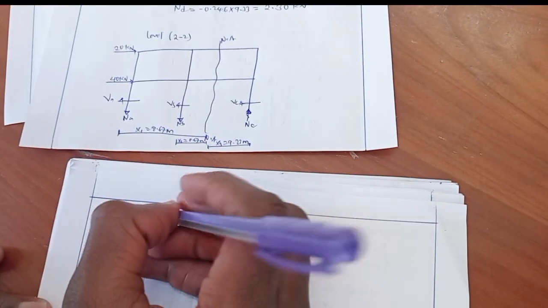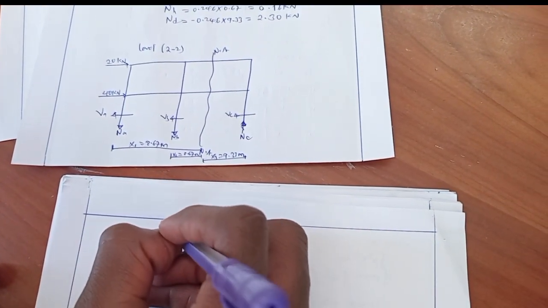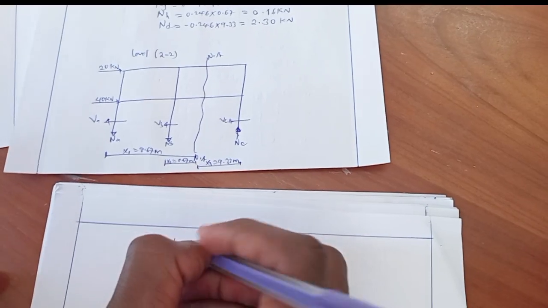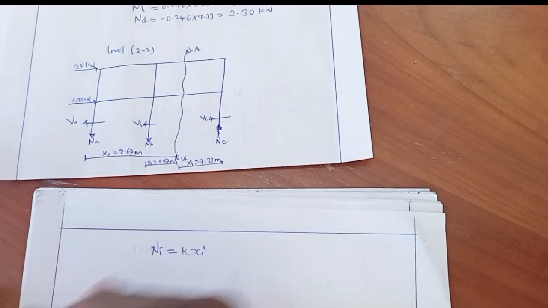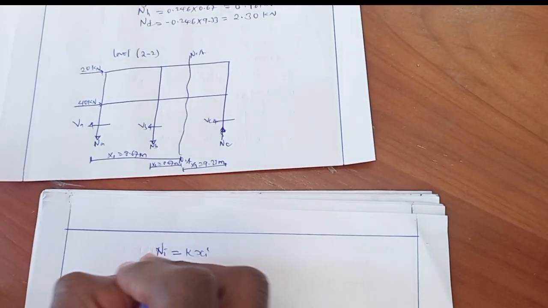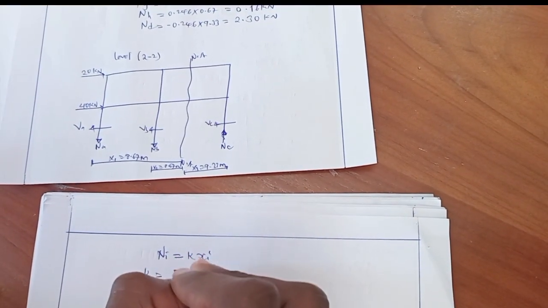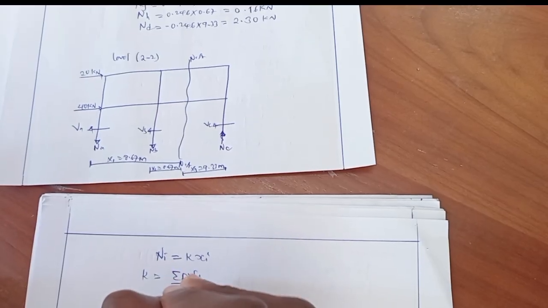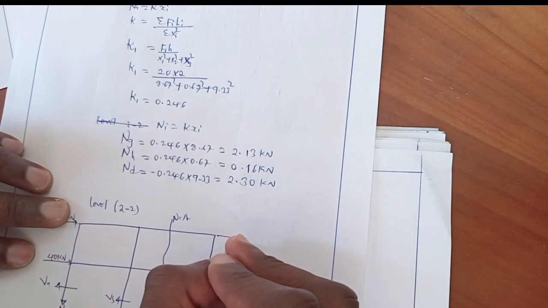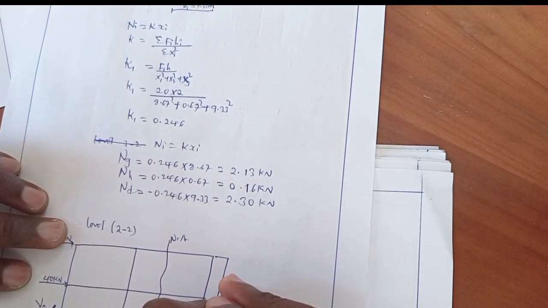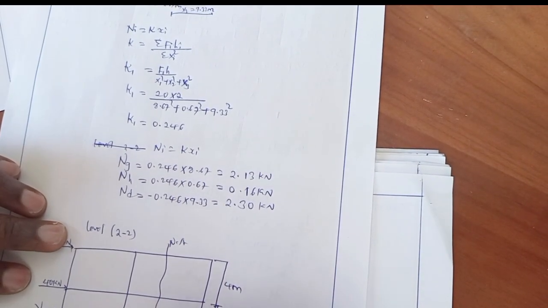Now, according to the cantilever method, which says the normal force is directly proportional to its respective distance xi, K is equal to the summation of Fi hi over the summation of xi square. From this point to this point was 4 meter, and from this point to this point was 2 meter.